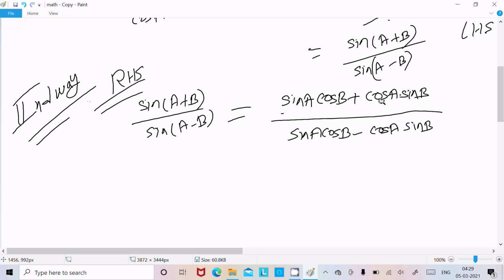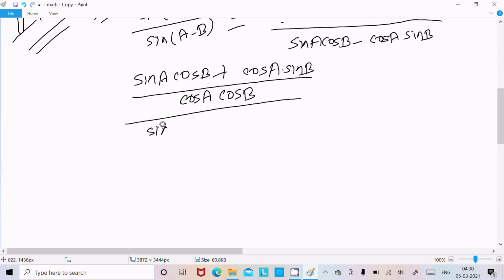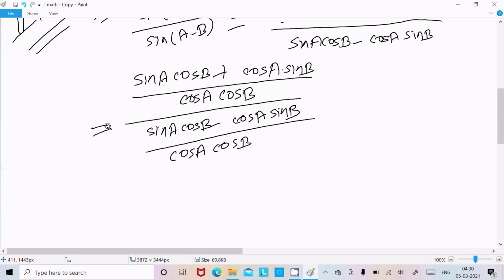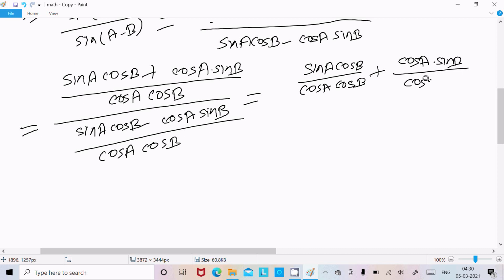All these terms are going to be divided by cos A into cos B. So writing sin A into cos B plus cos A into sin B divided by cos A into cos B. The same with the denominator: sin A into cos B minus cos A into sin B divided by cos A into cos B. We can write it like this, sin A cos B over cos A cos B, and cos A sin B over cos A cos B.